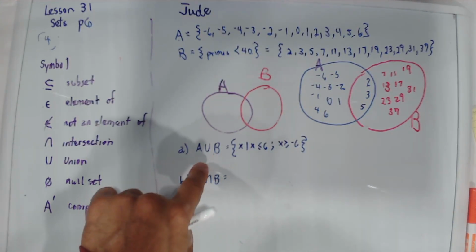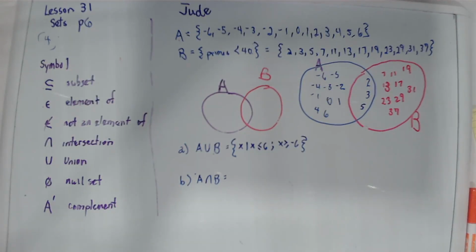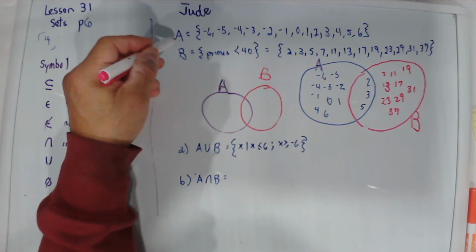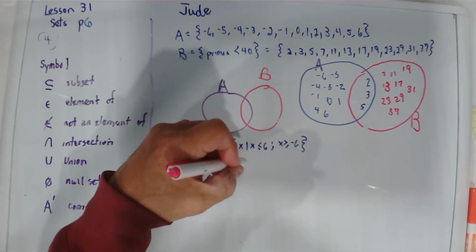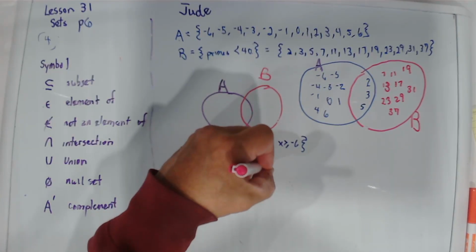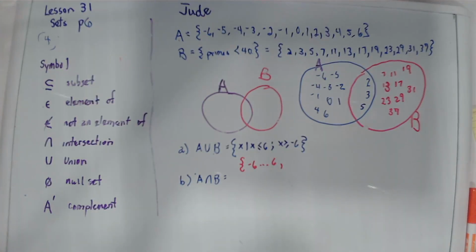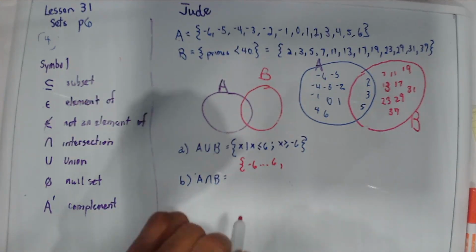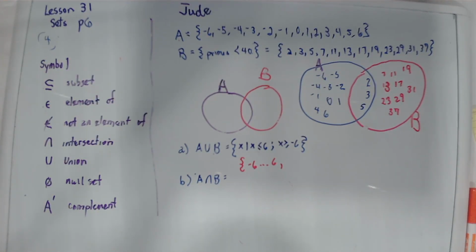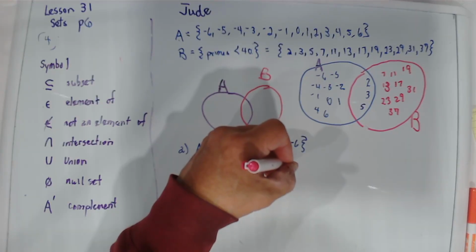So all I will have to do, if I'm doing a union, is put in all of the elements that are in A and in B. So this would go, and I'll write it out, -6 to 6, comma, and then the rest of the primes going from 7 to 37.